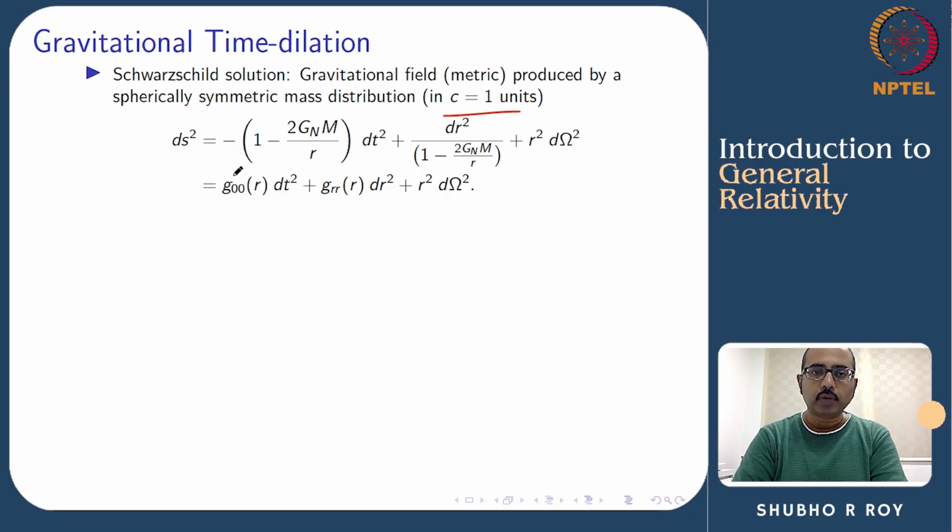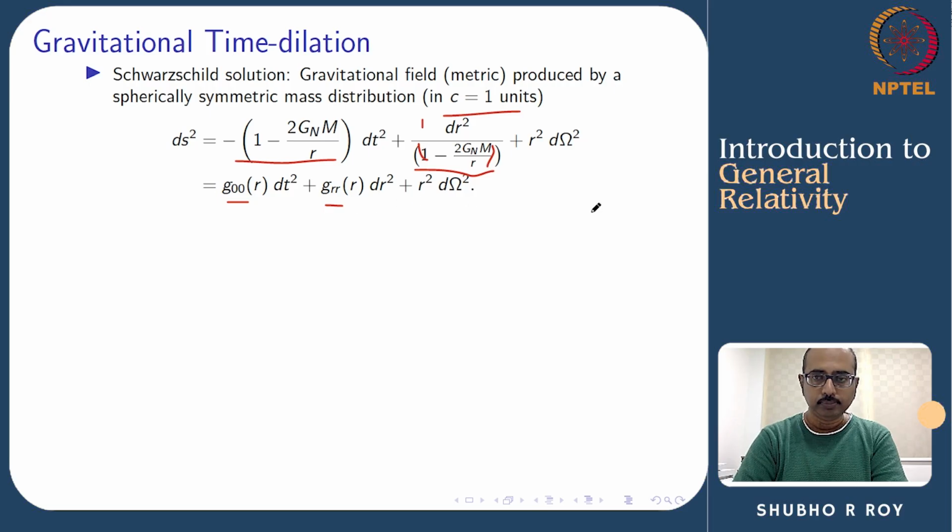Now, instead of using these long expressions, I will use the abbreviation G00, which is minus of 1 minus twice G Newton M over R. For reasons which will become obvious, this is called the redshift factor. And GRR is 1 over this quantity in the denominator.